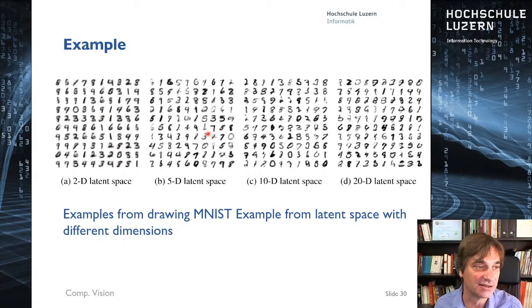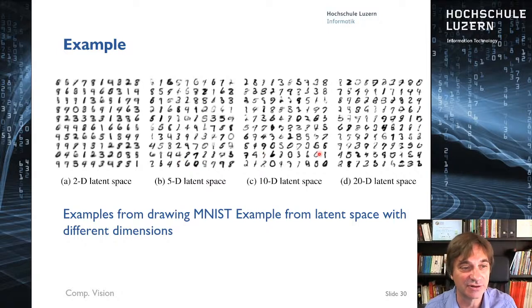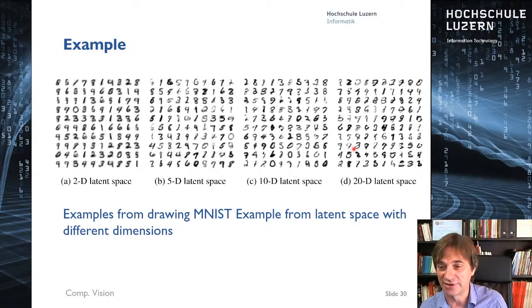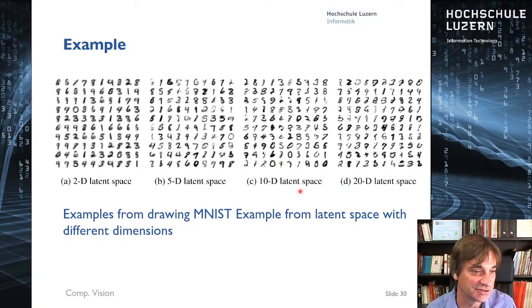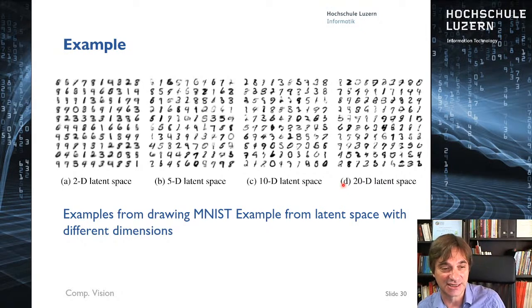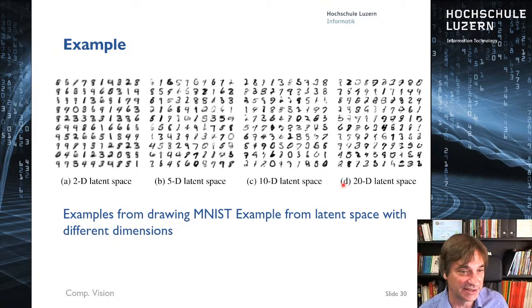If you do a larger latent space, you will get some clearer results, because here there are some cases where it's not sure if it's maybe a 6 or an 8, and here it might be a bit clearer. And if you go to a higher dimensional space, you get clearer and clearer. But of course, if you go above a 10D or 20D latent space, it does not really make much sense, because you only have 10 classes to begin with.